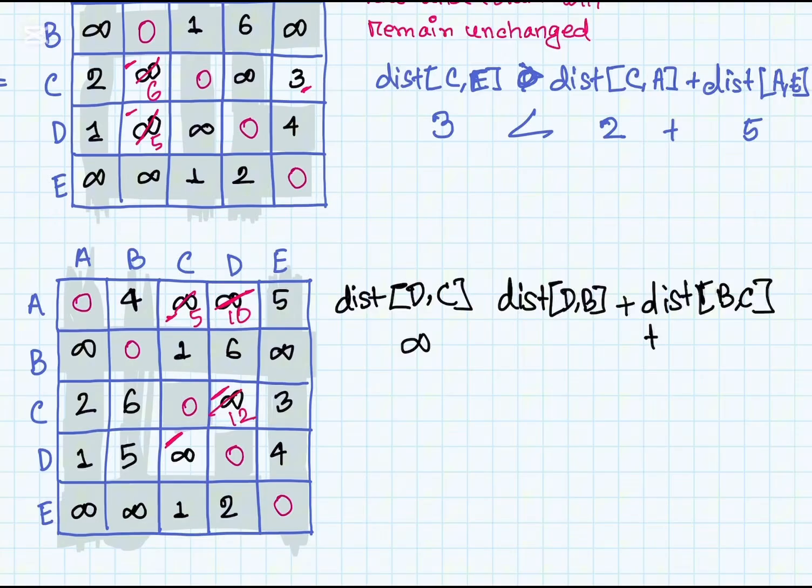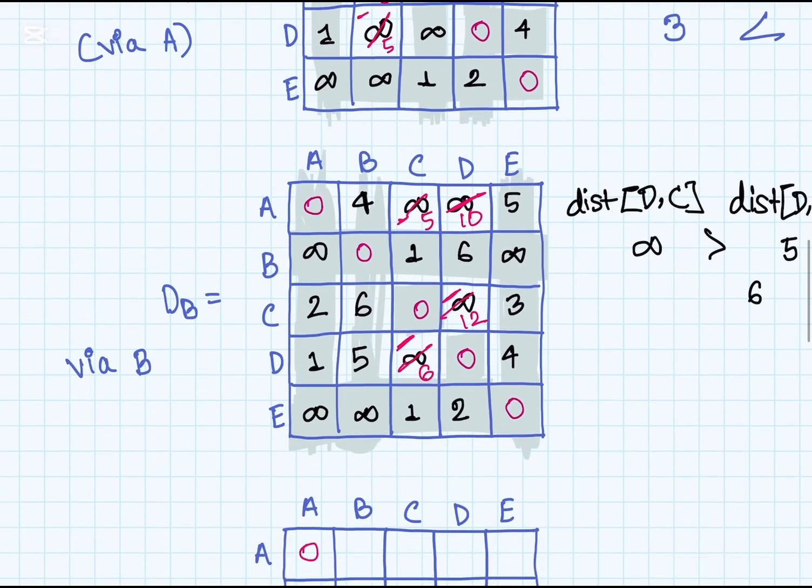The distance of D to B is 5 and B to C is 1. Infinity is greater than 6. So let's change the value from infinity to 6. This is our final DB matrix.